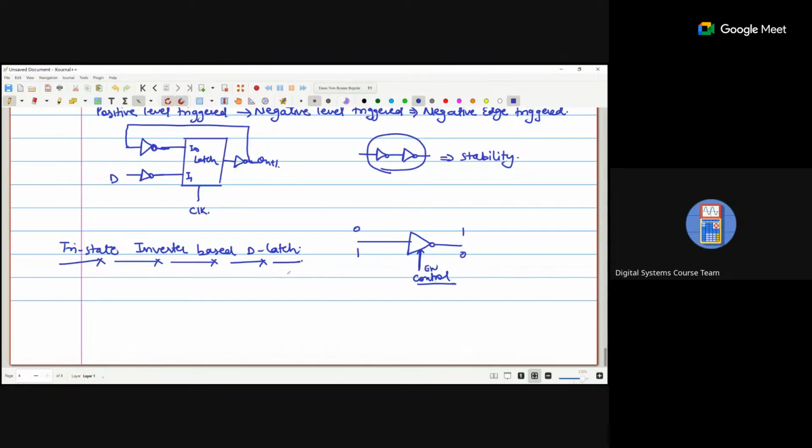So except 0 and 1, or basically low and high state, there is one more state that is called the high impedance state, that is Z.